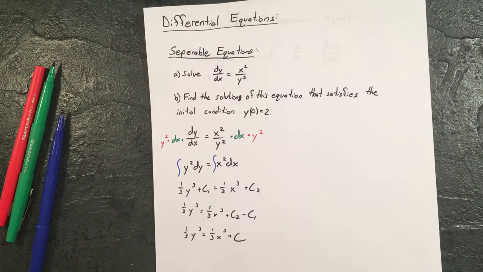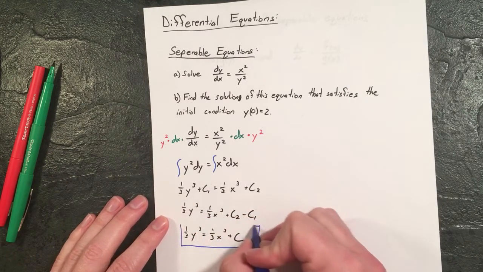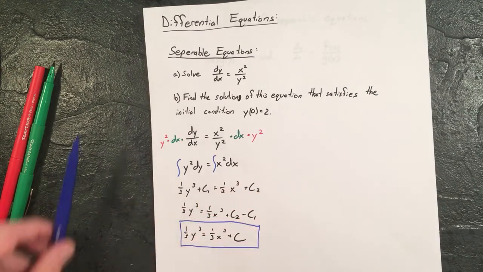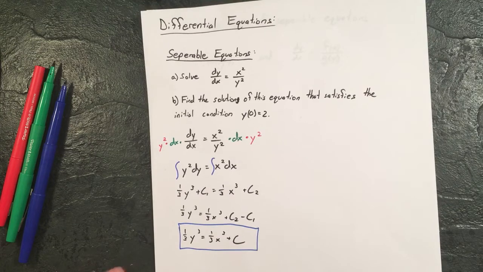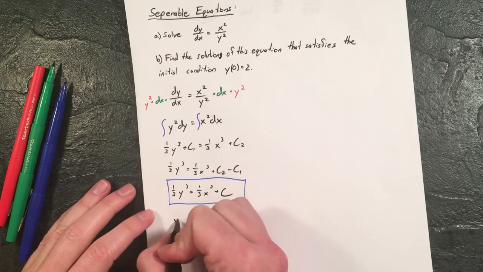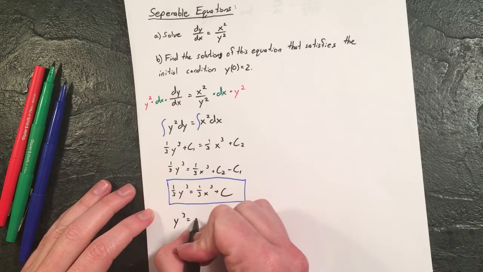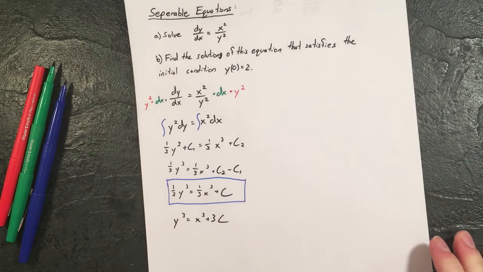I'm actually okay with this being the answer to the solved differential here. Sometimes certain questions, specifically on the AP, will ask you to specifically solve for y equals. If that was the case and they wanted you to keep going, we could multiply by 3.